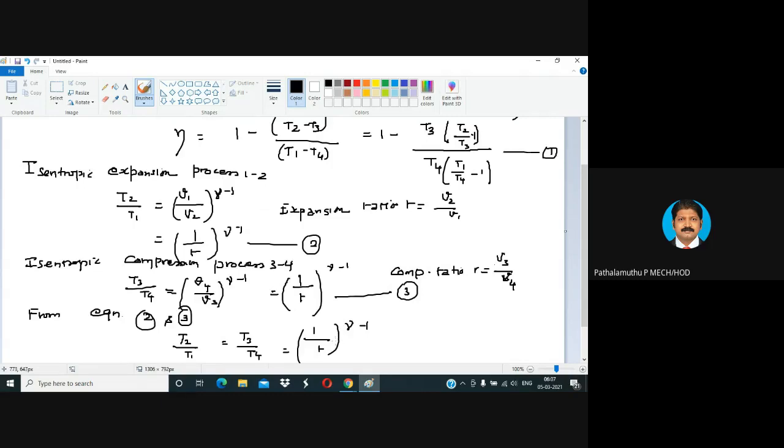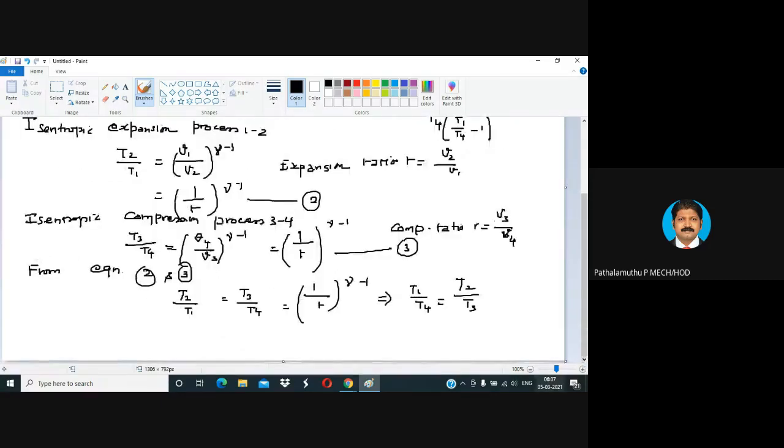Therefore, T1 by T4 equal to T2 by T3. Substitute the value of T1 by T4 in equation 1.